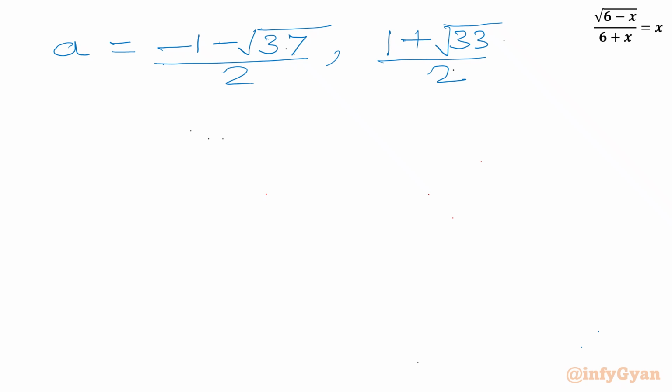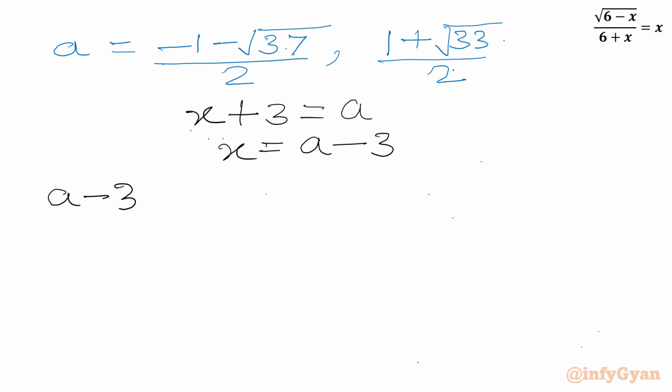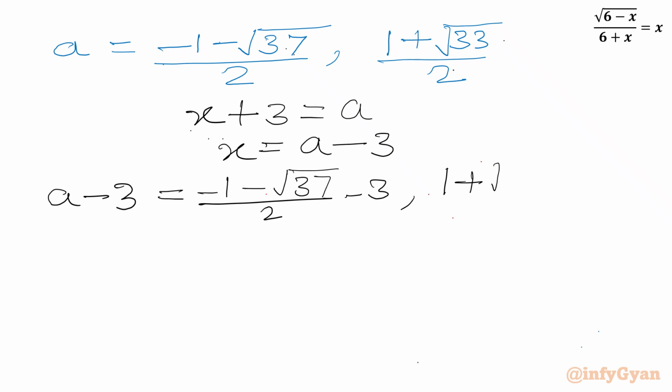Now this is a, we have to calculate x. So I will write here our substitution. Substitution was x plus 3 equal to a. So I can write here x would be equal to a minus 3. So I will subtract 3 from both the sides. -1 minus square root 37 over 2 minus 3 and 1 plus square root 33 over 2 minus 3.